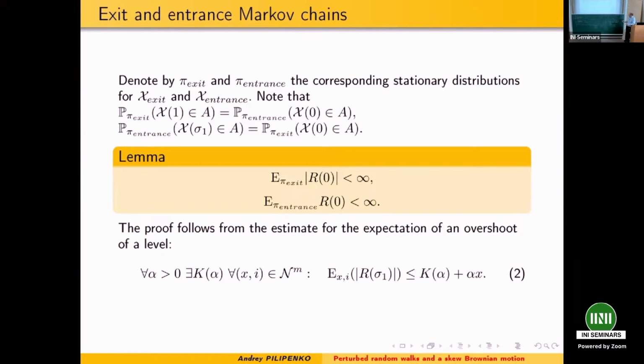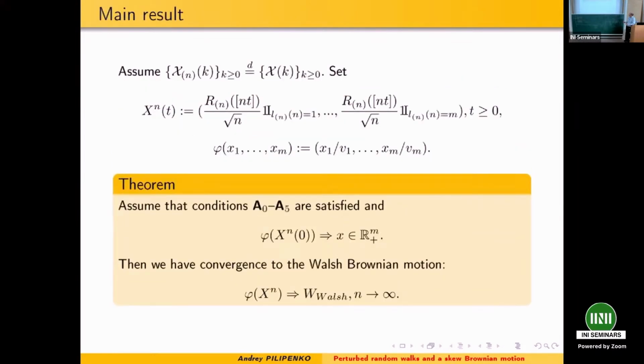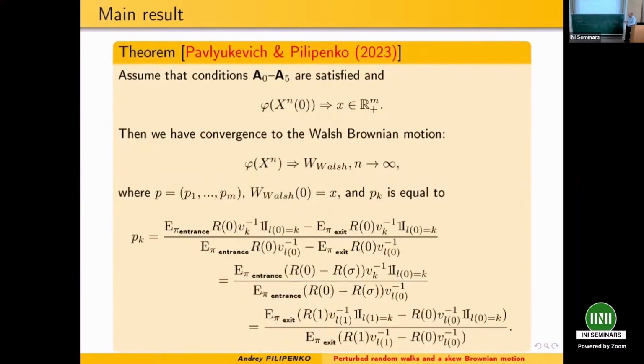Okay, and now let me formulate the result. For simplicity, the result is this. We consider the radius and the color vector, and we divide by square root of n, and also by square root of variance, and the limit is Walsh Brownian motion. The question is, what are the probabilities?